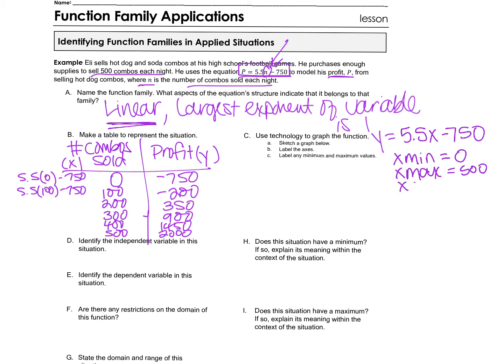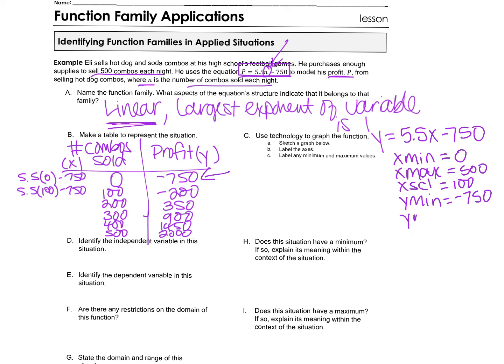And then it says X scale. So the X scale is how much each mark is increasing by. So I'll just put it, since I'm going from 0 to 500, I'll put it at 100. If you make each mark 1, you won't be able to see your marks there. Okay, so then I'm going to go to the Y min. So I know my Y min is negative 750.